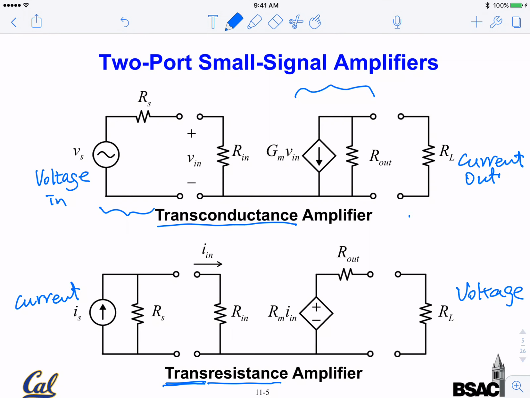So what you have built is basically a transresistance amplifier, sometimes also called a transimpedance amplifier.